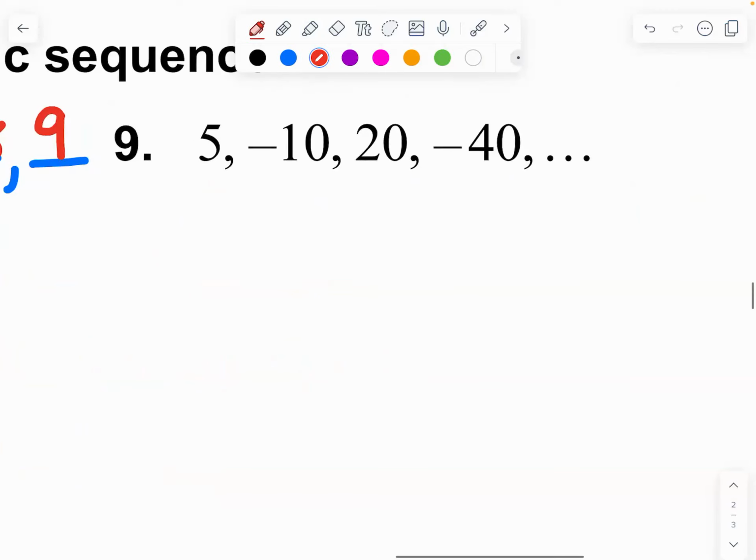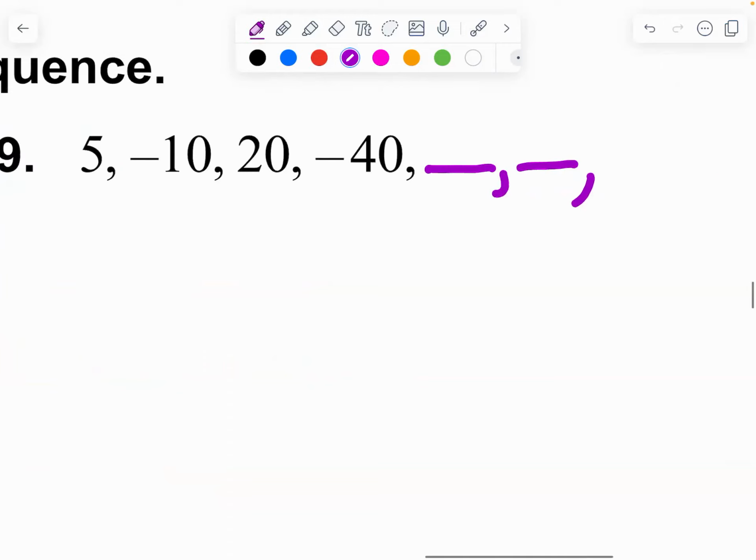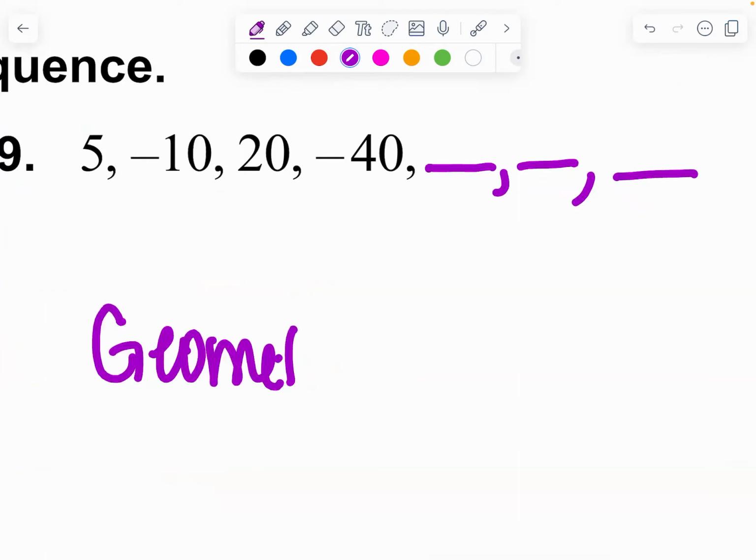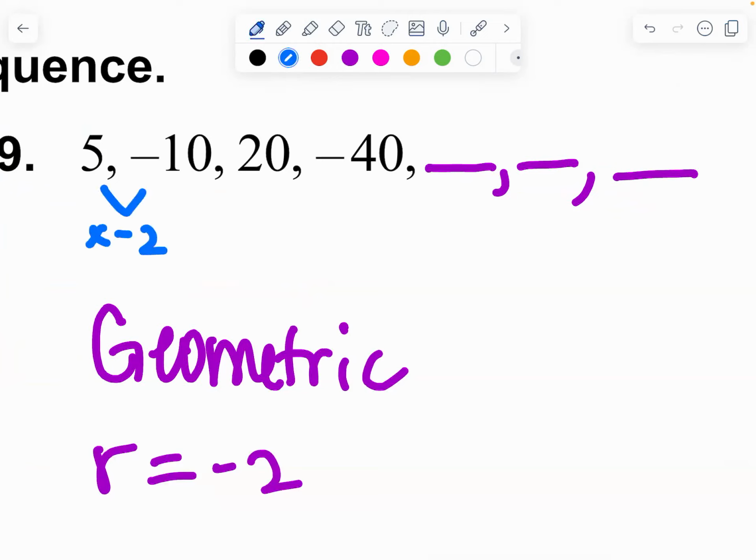All right, what's happening here? Multiplying by -2, so geometric. Ooh, we have a pattern that is geometric where we are multiplying by a -2. So do you notice that when we multiply by a negative number, our sign, positive, negative, flips back and forth?